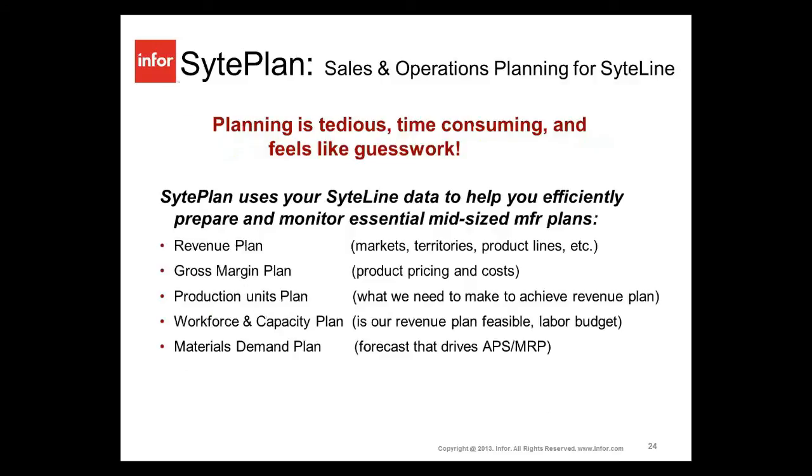So the types of plans and goals the application helps you build is a revenue plan, gross margin plan, production units plan, a workforce headcount plan, a rough cut capacity plan, as well as a materials demand plan.